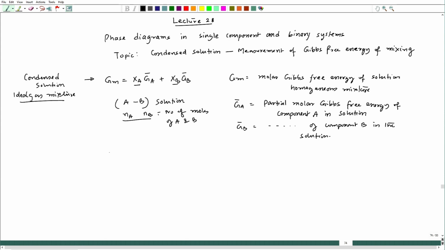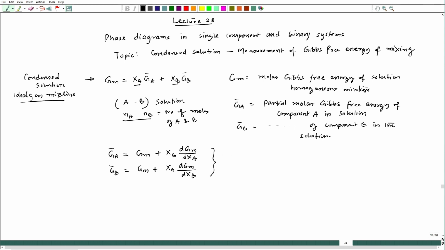Then we found that Ga bar equals Gm plus Xb dGm/dXa, and Gb bar equals Gm plus Xa dGm/dXb. These two formulas will be used heavily while calculating phase diagrams.